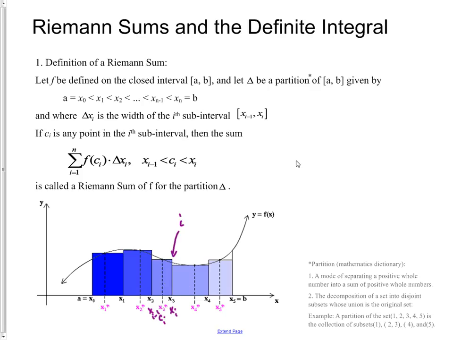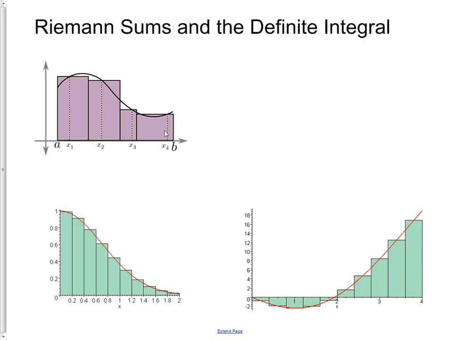A couple of quick notes about these subintervals. First of all, you'll notice that the way this is drawn, each of these subintervals can have unequal widths. They don't have to be equally divided. The equal division that we used when we were talking about our subintervals was really just a matter of convenience. When we defined a left-hand limit or a right-hand limit and we drew rectangles, that was really more for our convenience than for any other reason.